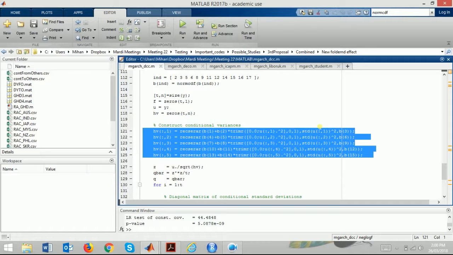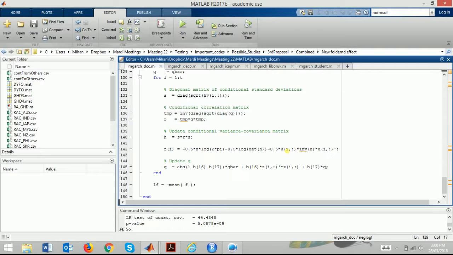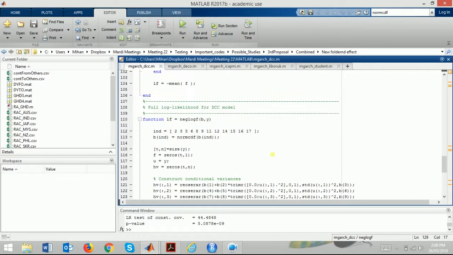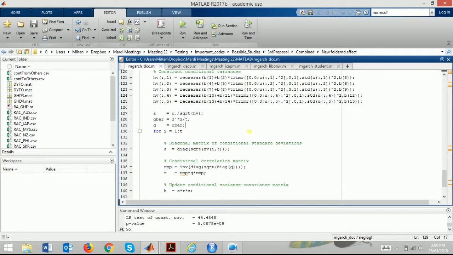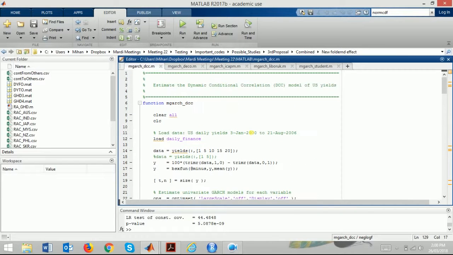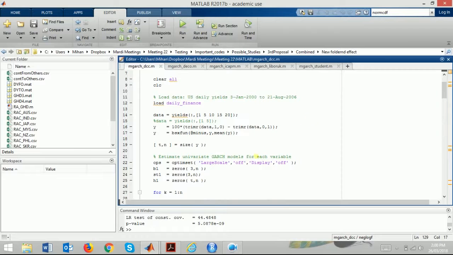Mu, initial y is the residual, and comes a. Initialization and a. So the full likelihood for the DCC model is going to be quite difficult.